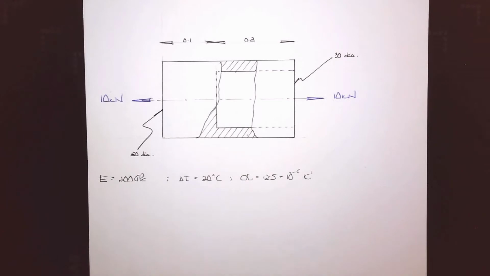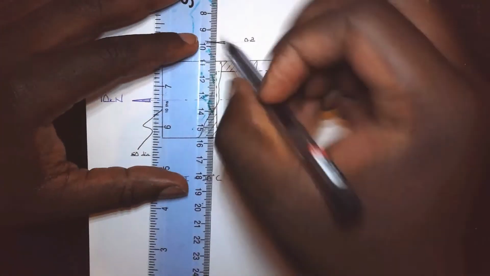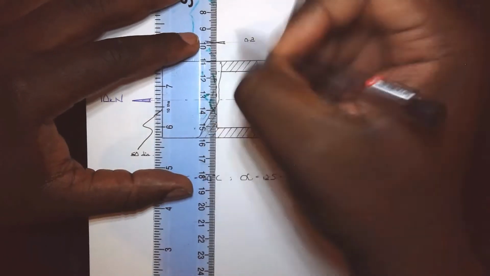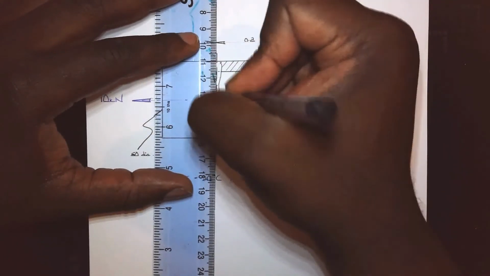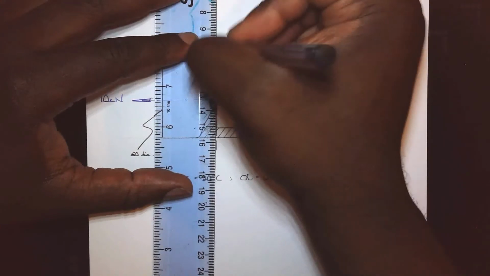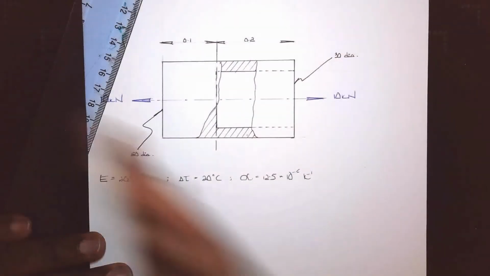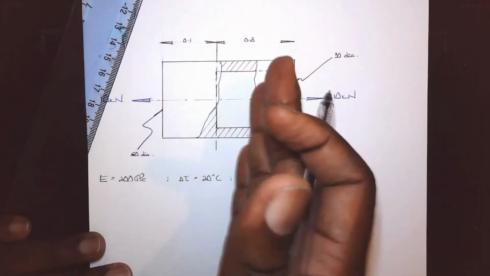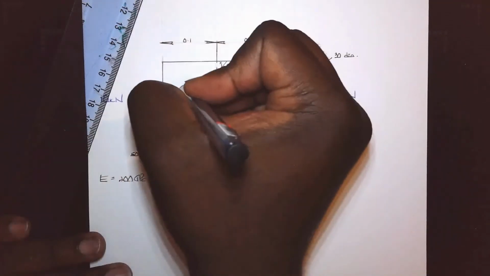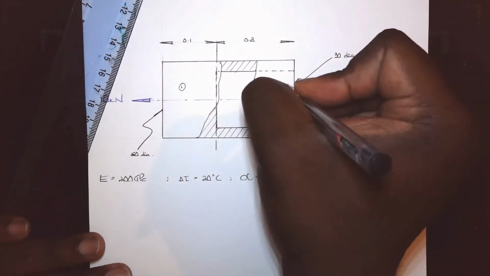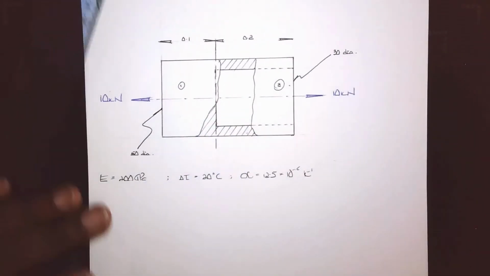It's more or less the same principle. What we can do is segment the component into two distinct sections. The region that doesn't have the hollow going through it, we can call section 1. And the part that has the hollow through it, let's call section 2.